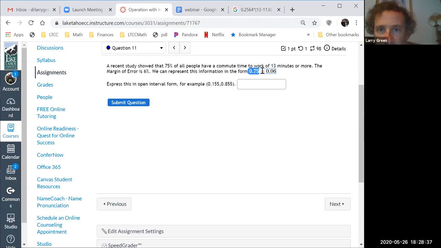And then the margin of error, the plus or minus 0.06, that is, well, I have this guess of 0.75, but my guess probably is not perfect. There's going to be an error to my guess.